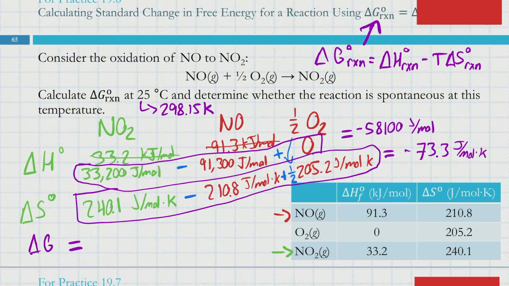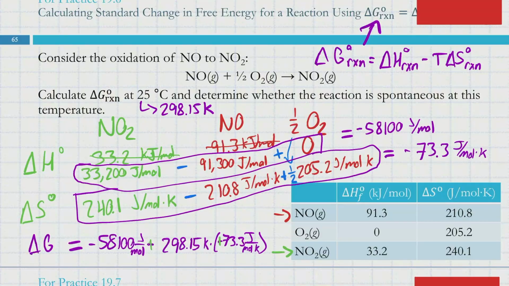So our delta G is equal to negative 58,100 joules per mole minus temperature, 298.15 Kelvin, times negative 73.3 joules per mole Kelvin. So those negative signs will cancel each other out.